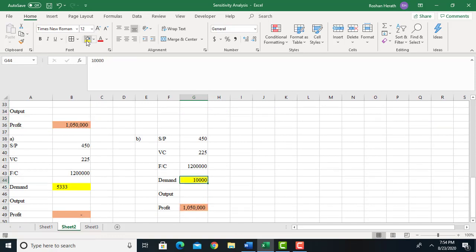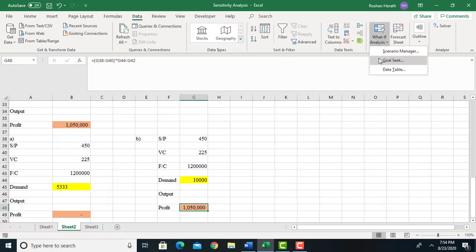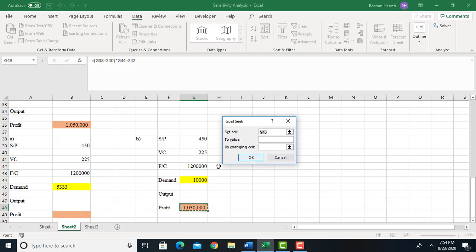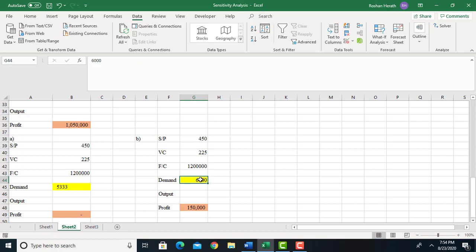Again, the demand. Okay. The same thing, go to data, what if, goal seek. You want to set this profit to 150,000 by changing the demand. You can say okay. See, if you can manage to sell 6,000 units, your profit is going to be 150,000.